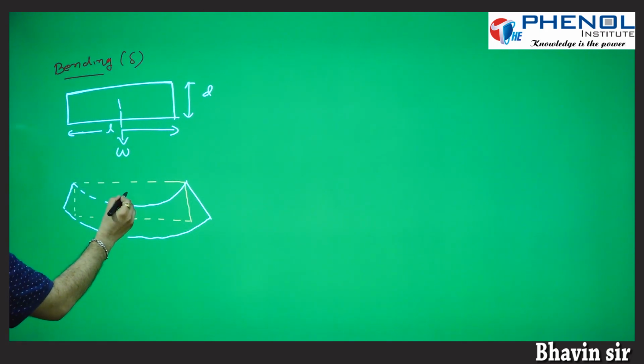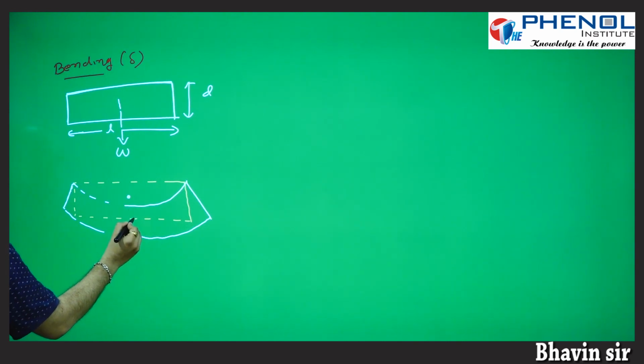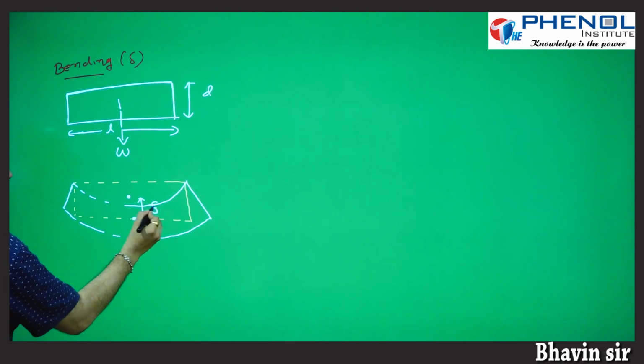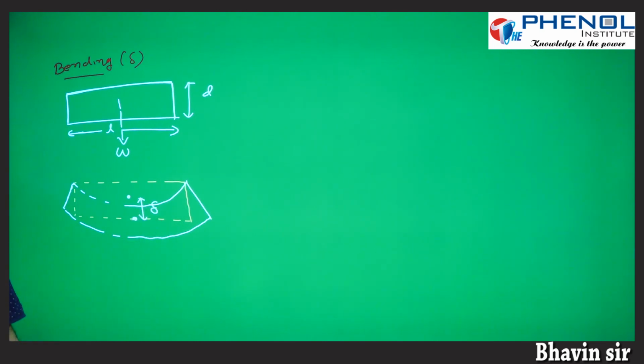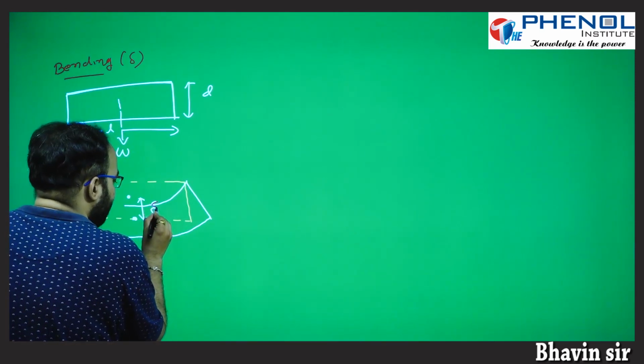Suppose this is its original center, but now this is the new center, so this is its bending, delta.